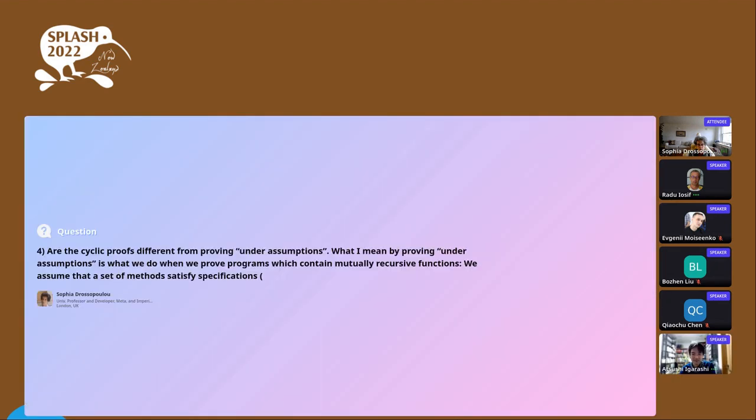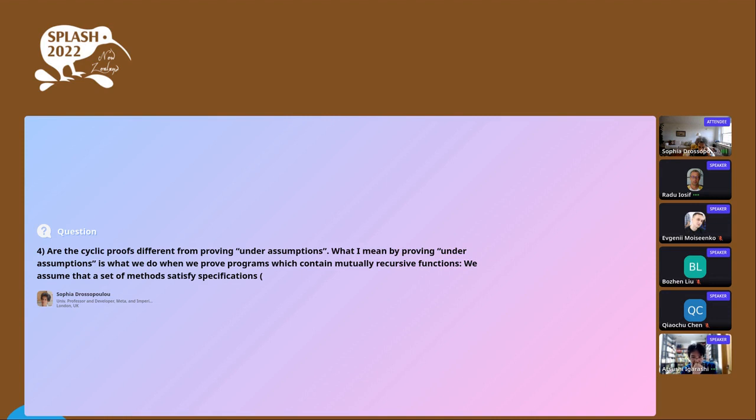Thank you. So you showed us these cyclic proofs, and while you were describing that, I thought, is that any different to what we do when we prove under assumptions? For instance, when I type check a program that has mutually recursive functions, we don't need to go to program verification.